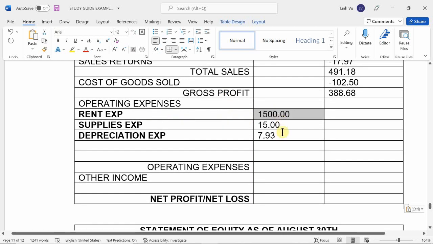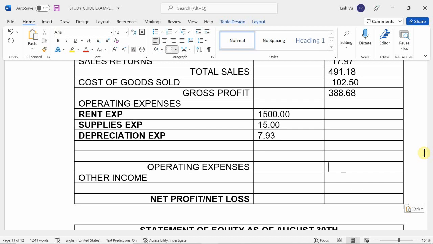Okay, so again, your grand total operating expenses is going to be 1,522.93.